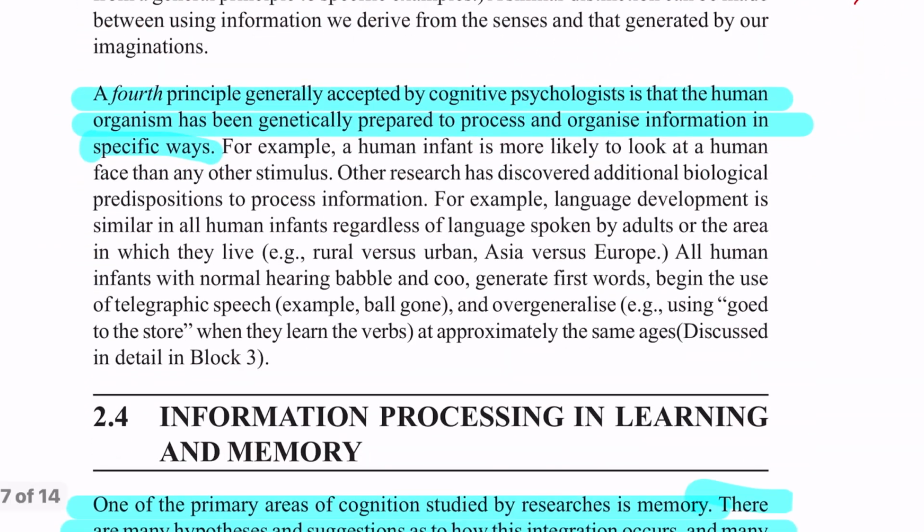And the fourth principle, generally accepted by cognitive psychology, is that the human organism has been genetically prepared to process and organize information in a specific way.